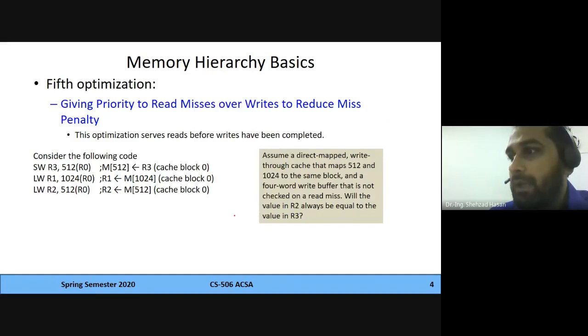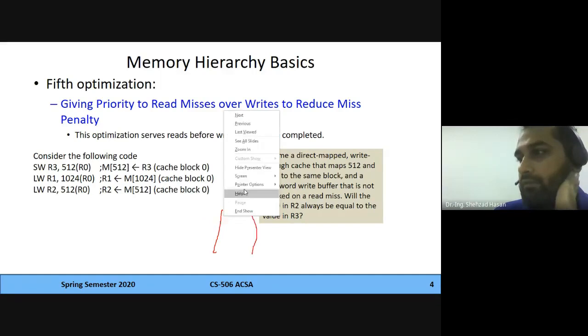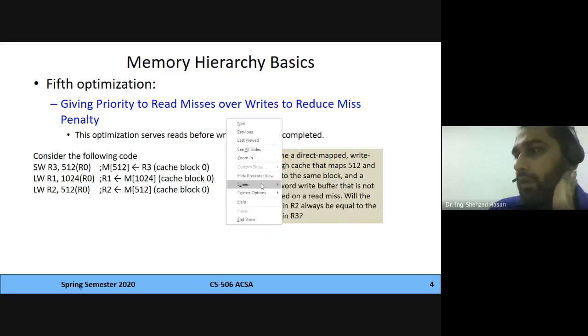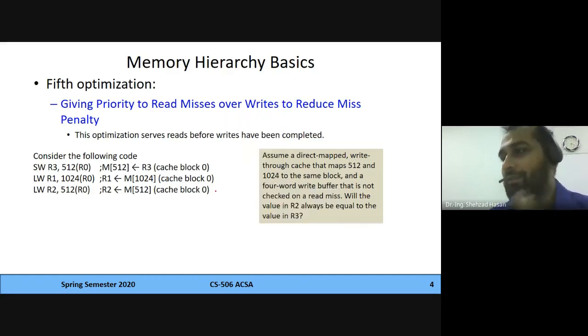Okay, so what we are talking about is that we have a memory here. It's a little difficult to write using a mouse.